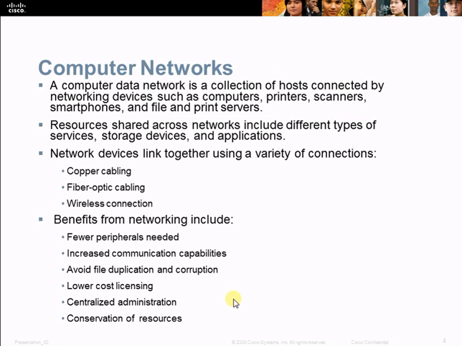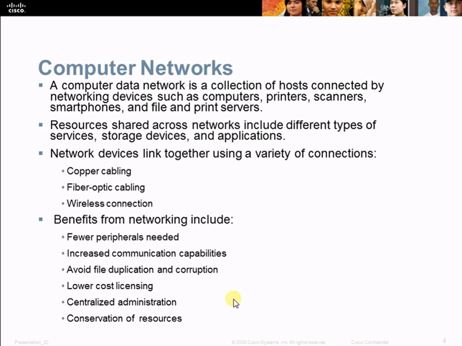Normally when we think of networks, we have a collection of hosts connected by networking devices such as computers, printers, scanners, smartphones, and file and print sharers. One of the big reasons is that we can share resources across the network.